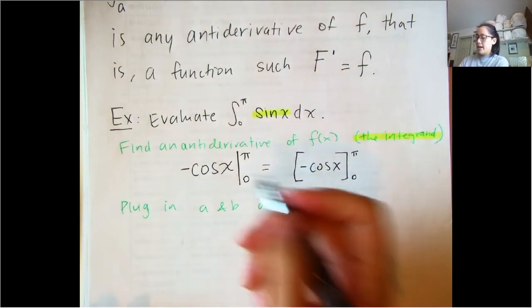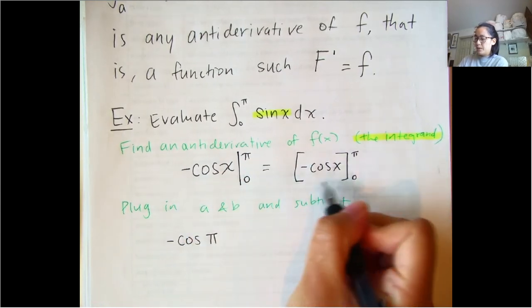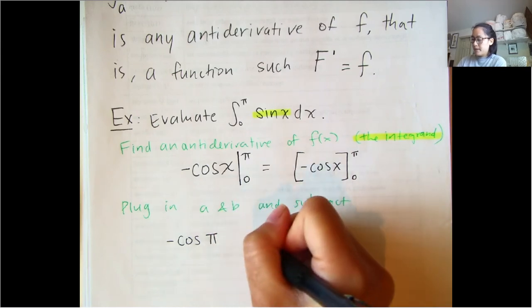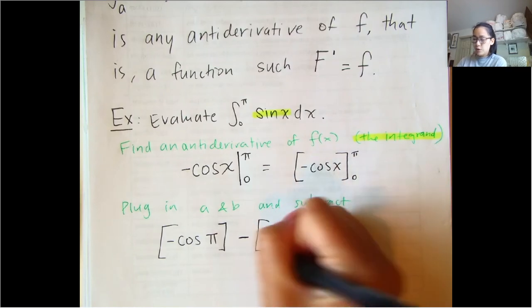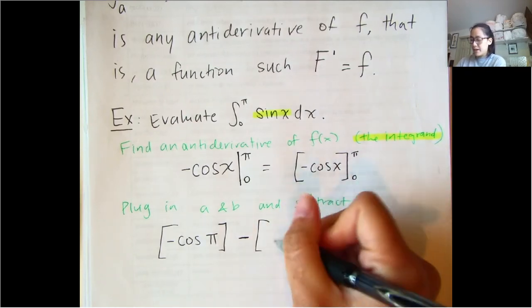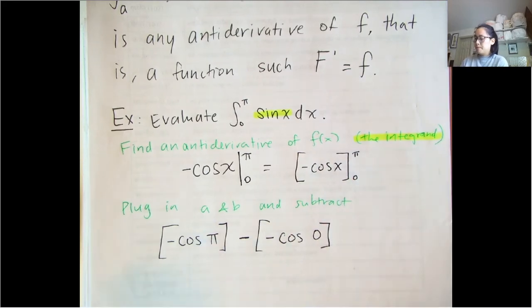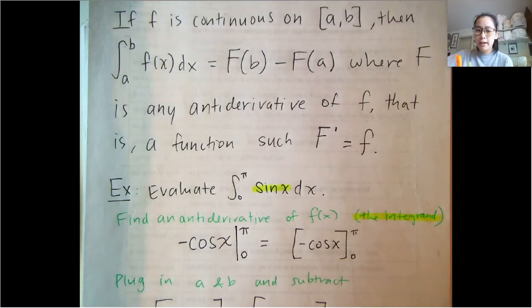Okay, so we'll go ahead and do negative cosine of pi. That was plugging in the top bound. So this is F of b minus, and then we plug in the bottom bound. So we'll put it in parentheses just so that we are clear about the sign. So it'll be negative cosine of 0. Okay, so just a reiteration of which one goes where.